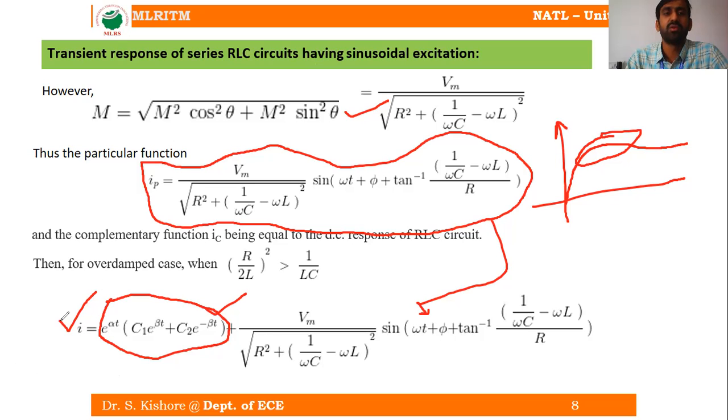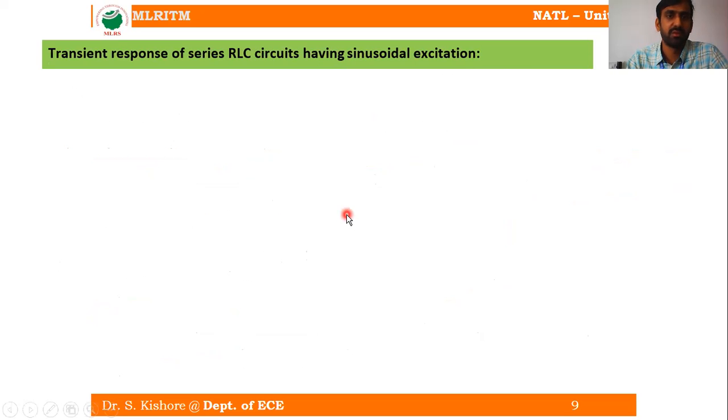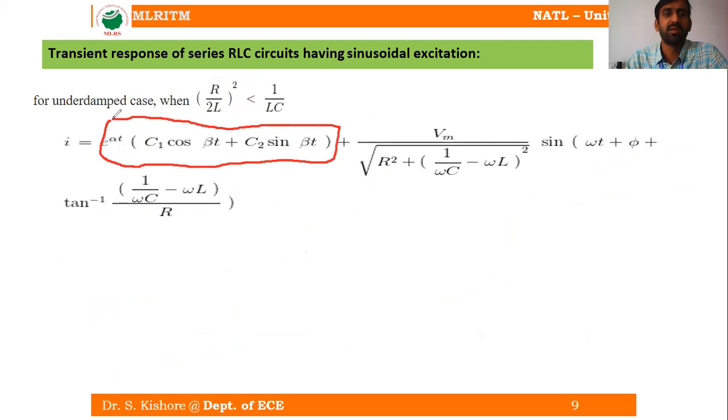IC is going to have different damping conditions. For the overdamped case, this is the solution, whereas for the critically damped and underdamped cases, let us get the expression for those also. For the underdamped case, the condition is R by 2L whole square less than 1 by LC. This is the complementary function, that is e power alpha t into C1 cos beta t plus C2 sin beta t.